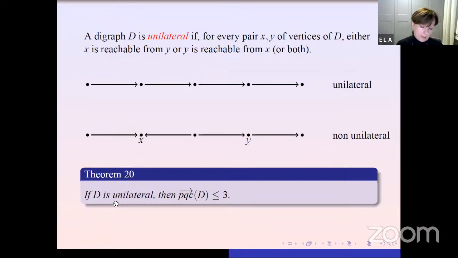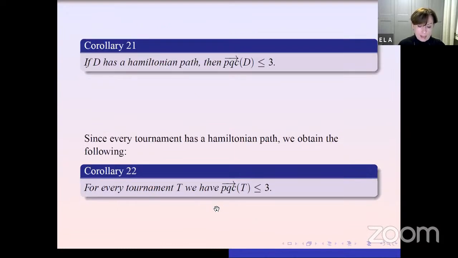We prove that if D is unilateral, the proper quasi-connection number is at most 3. And then, because every Hamiltonian digraph is unilateral, we obtain the following: if D has a Hamiltonian path, then its proper quasi-connection number is at most 3.